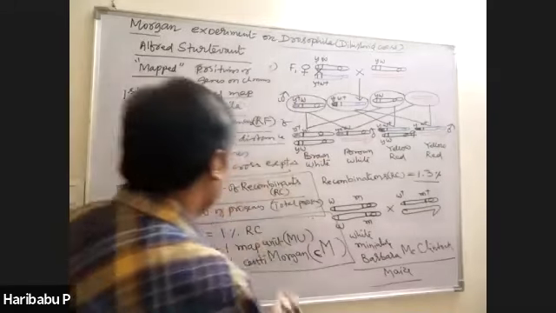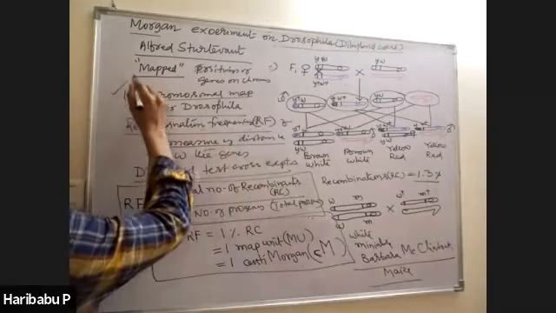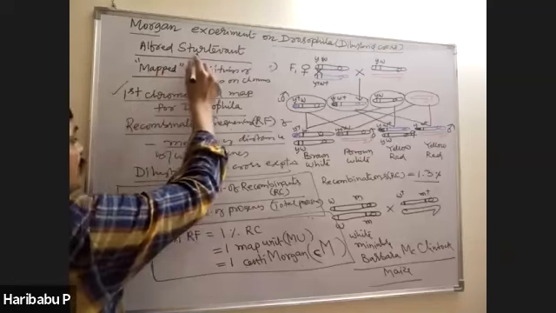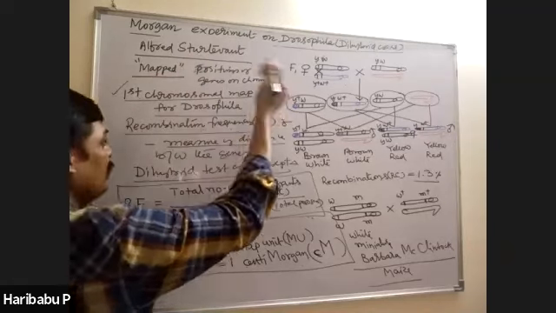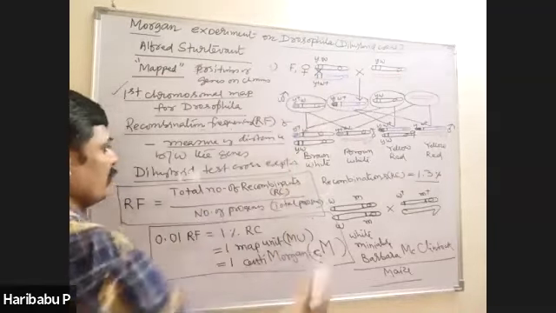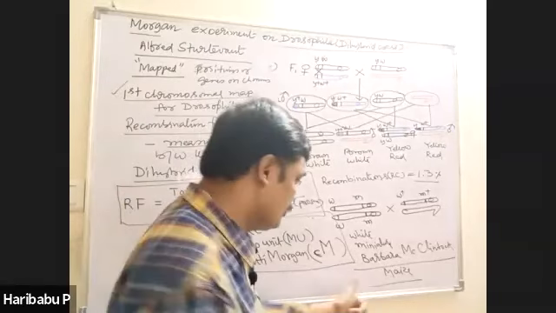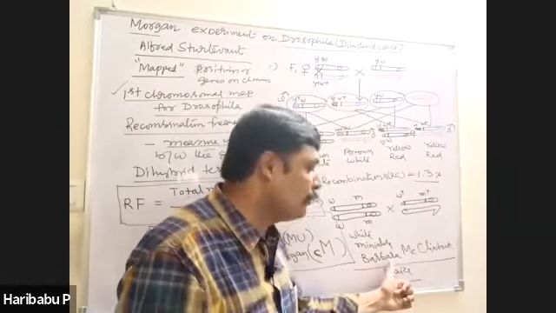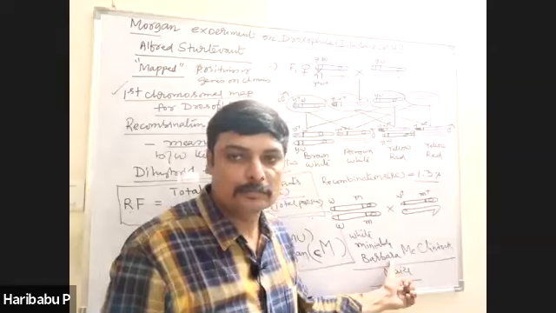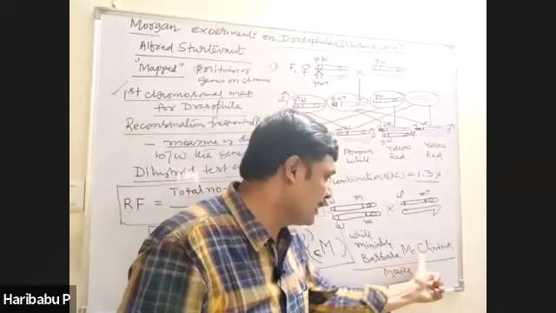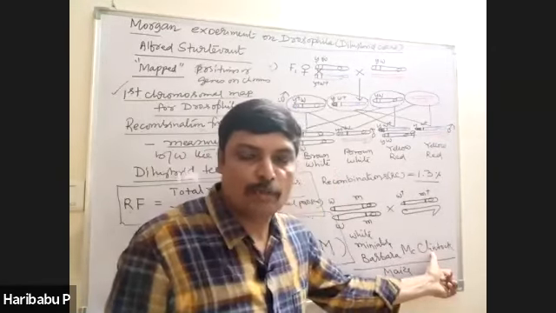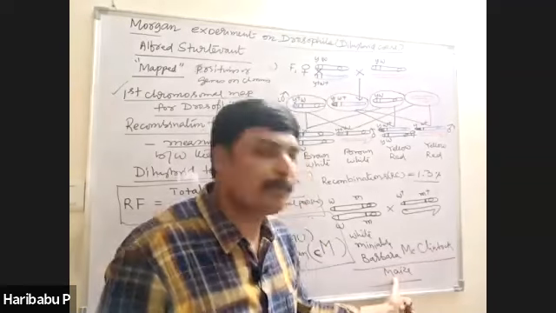One among them we should try to remember: Barbara McClintock prepared a chromosomal map for maize plant.